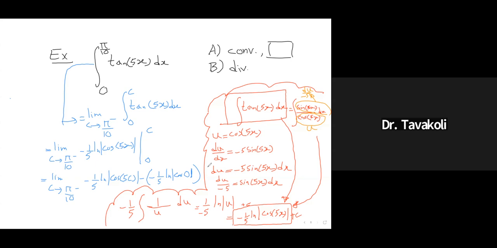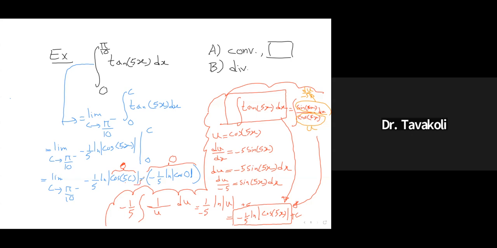Cosine of 0 is 1 and ln of 1 is 0. The second parenthesis is just 0. So everything will depend on the first term here. When c tends to pi over 10, 5c becomes 5 times pi over 10, which is pi over 2. And cosine of pi over 2 will be 0. Again, we are dealing with ln of something positive, since it has absolute value, very close to 0.